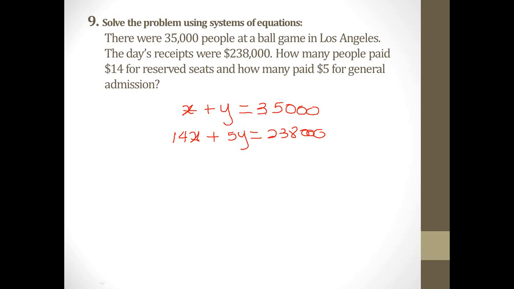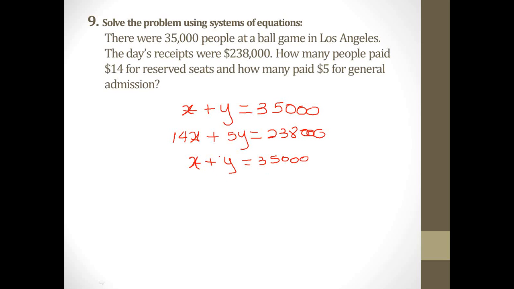So again, I'm going to use substitution. I'm going to solve for one variable and substitute into the other one. I'm going to solve for x on this one. So I have x plus y equals 35,000. If I'm solving for x, I want x by itself.